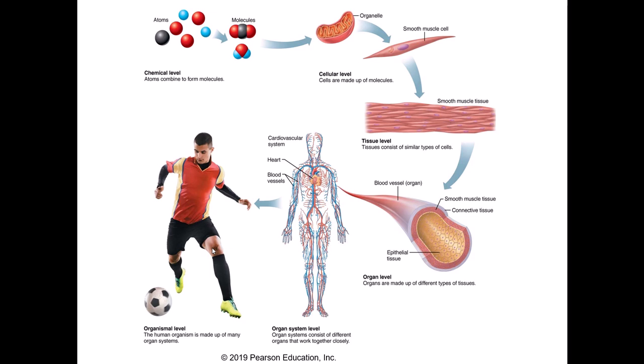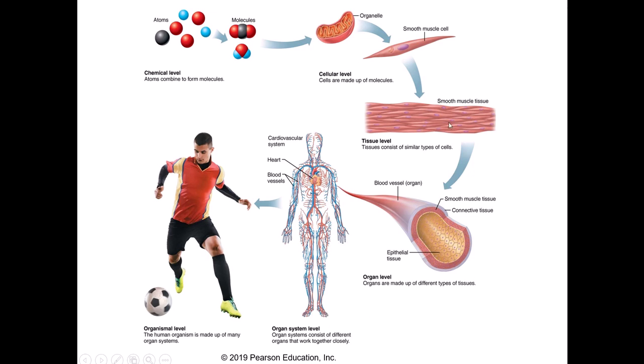And if we have multiple organisms working together, then we have a college campus or a town or a city. And if we have multiple different types of species, then we have different ecological parts of the planet. And we can go even further out to the whole planet itself. But we spend most of our time right here at the organ and organ system level.